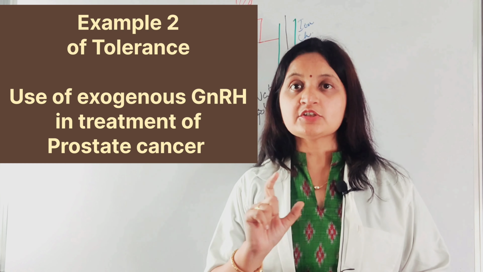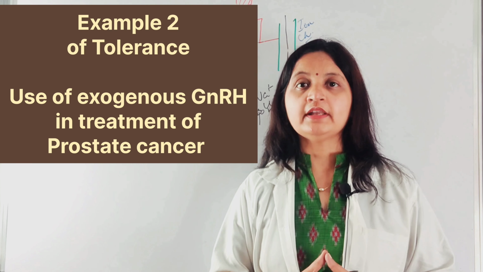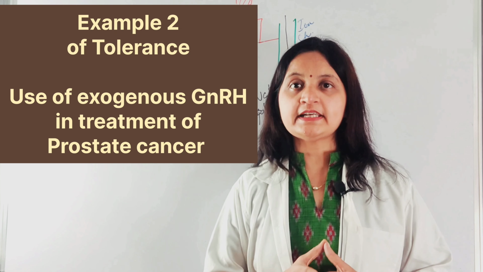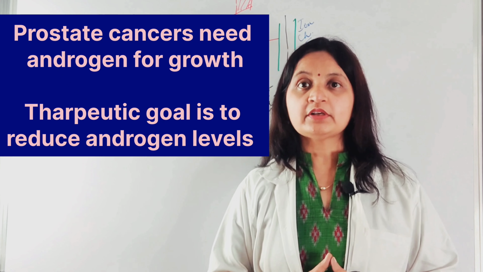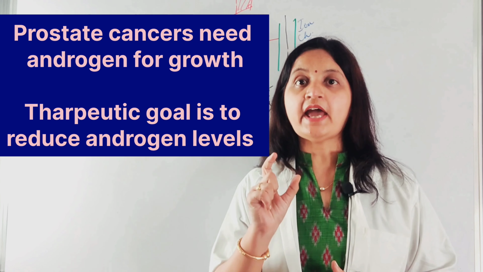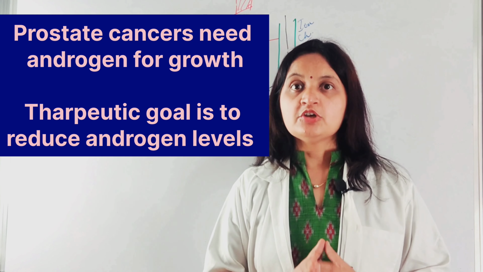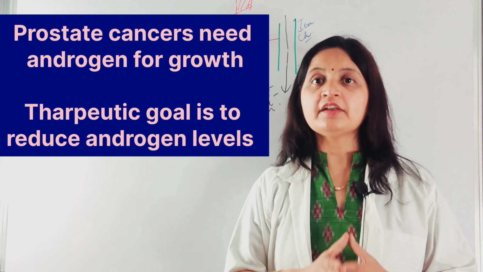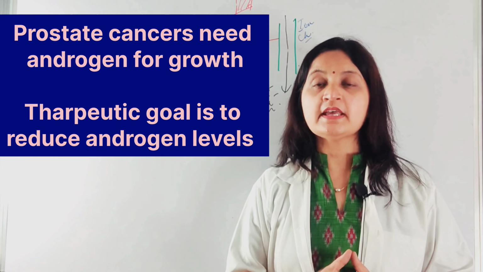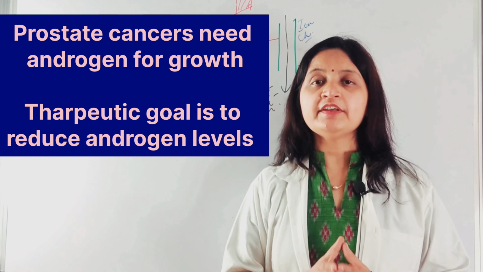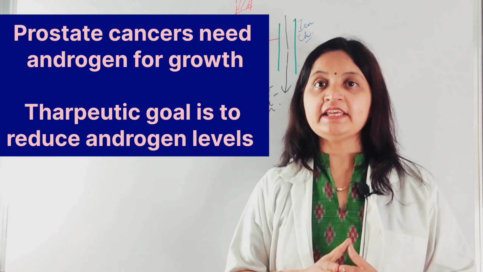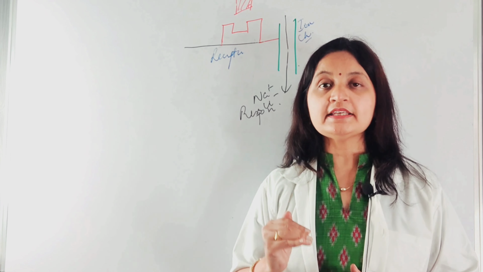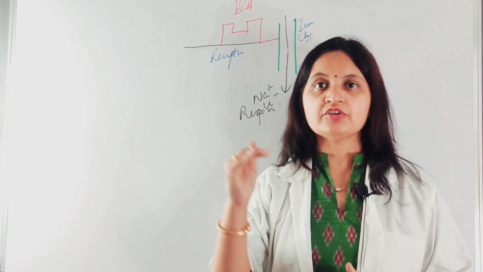Use of exogenous gonadotropin releasing hormone in the treatment of prostate cancer. It is to be noted that prostate cancers need androgen for growth. In a normal individual, GnRH is released from the hypothalamus in a pulsatile fashion, which stimulates the pituitary and the release of androgens and increases the concentration of androgens.